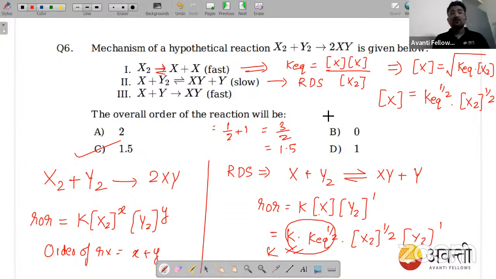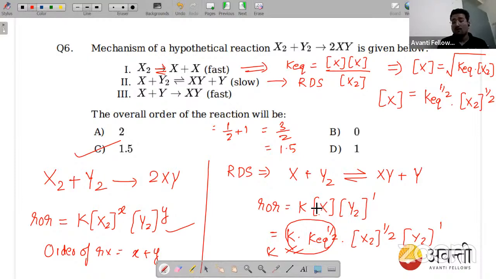Is that clear? So in that type of questions, we have to deal with the rate determining step, the slow step. We have to check the rate of reaction of the slow step. What have we done? Just see here. First, we were given this equation X2 plus Y2 will give 2XY. We have written the rate expression for this equation. And then we started with the rate determining step, the slow step, that is X plus Y2 gives XY plus Y. And we have also written the rate expression for this slow step.